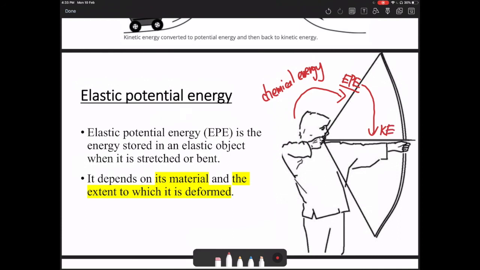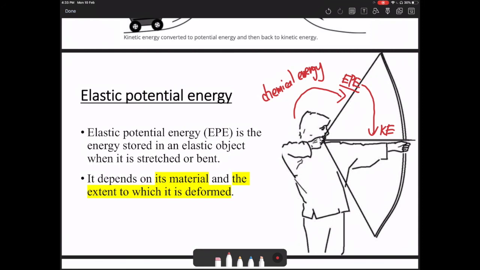That's why this arrow will go very fast. The reason is, first, you transfer your own chemical energy into the elastic potential energy of the bow. At the moment you release the bow, the elastic potential energy is being converted into kinetic energy of the arrow. So that's why this arrow will go very fast.